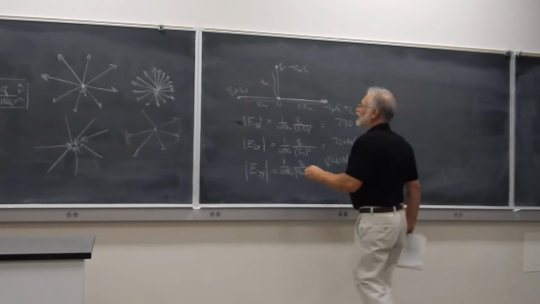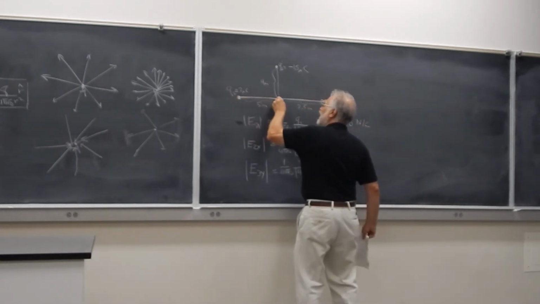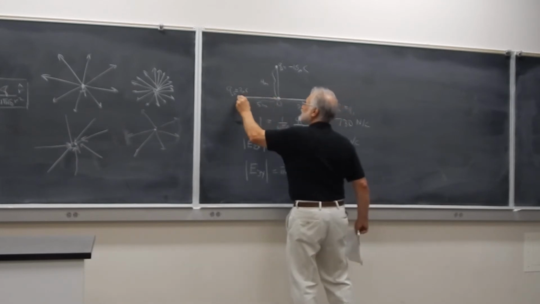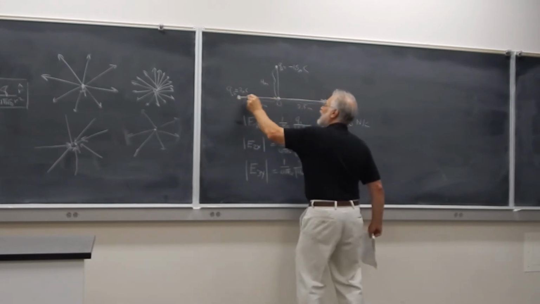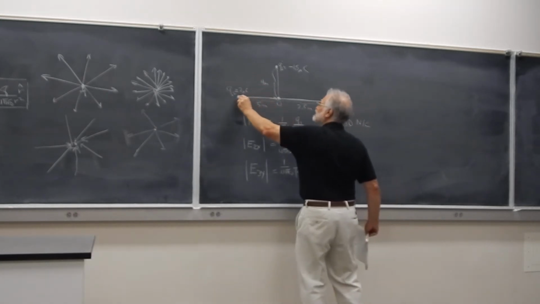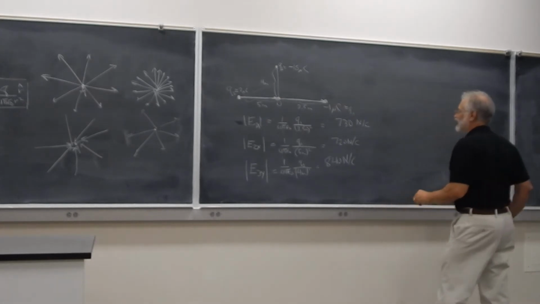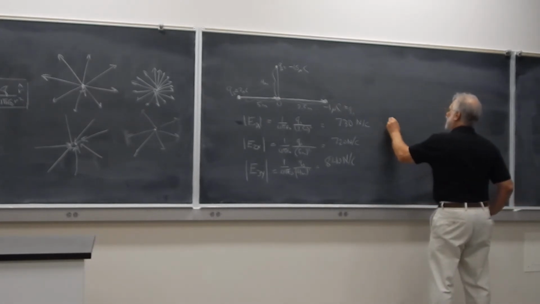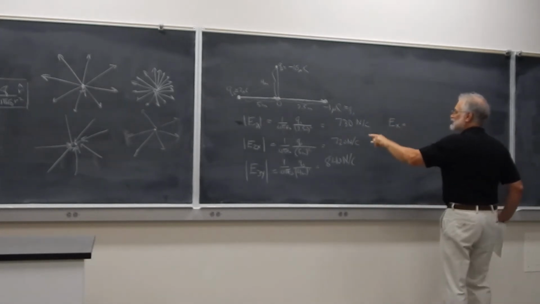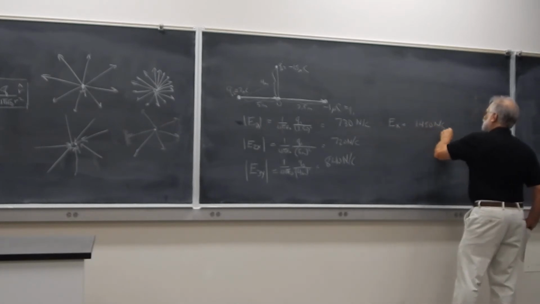By the same token, Q2 is also producing a field in the positive x direction because it's a positive charge and all field lines emanate radially outward from the positive charge. So both Q1 and Q2 are going in the positive x direction. Therefore, Ex is going to be 1450 newtons per coulomb total.